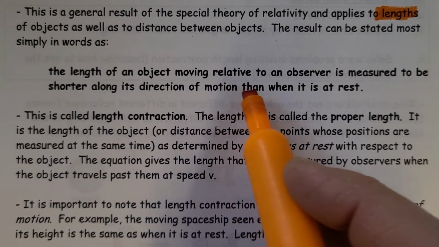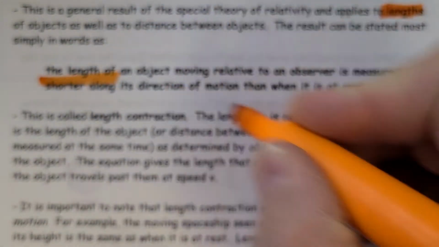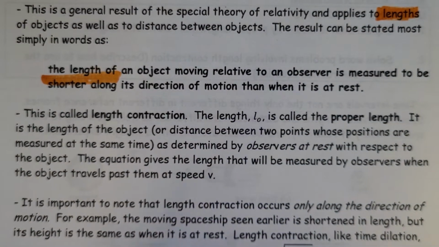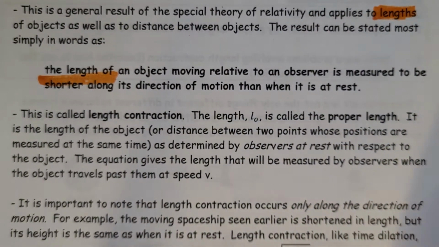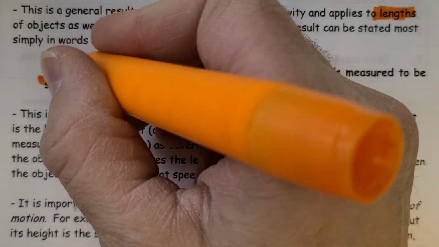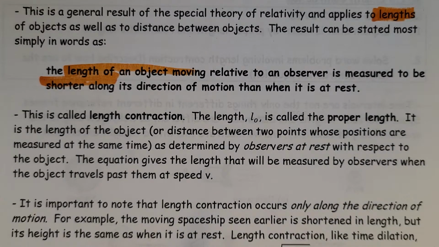So the length of an object moving relative to an observer is measured to be shorter along its direction of motion than when it was at rest. And where it talks about the length of an object, we could also replace that with the distance between two objects.